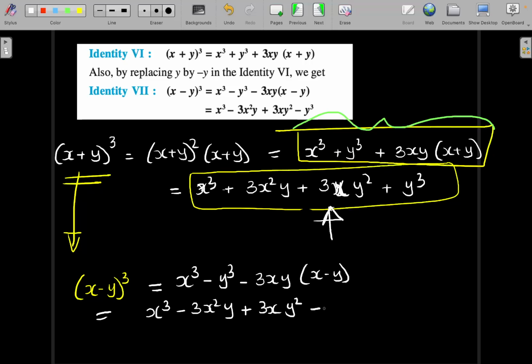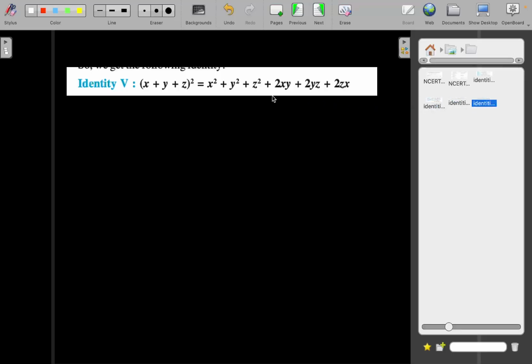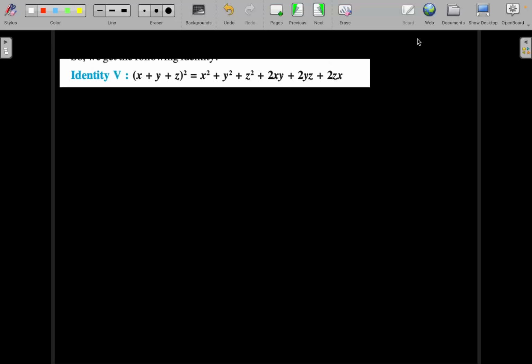But here again you will get minus y cube, because here if you replace y with minus y, you will get minus y cube. So this is the explanation for this formula, and now we are just left with one final identity in this collection, and this one is hard to explain. Oh, not this one, sorry.